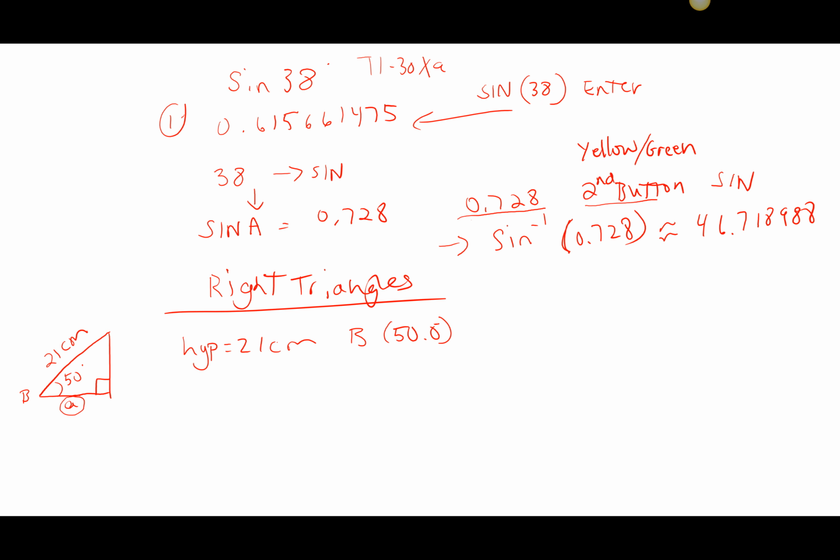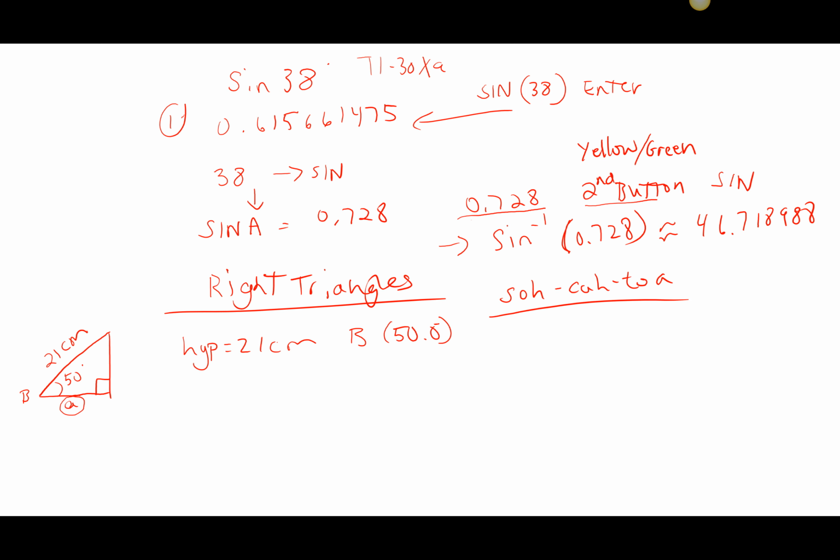Remember, another remember, SOHCAHTOA. I know I'm not saying that right, but sine is opposite over hypotenuse, cosine is adjacent over hypotenuse, tangent is opposite over adjacent, okay?